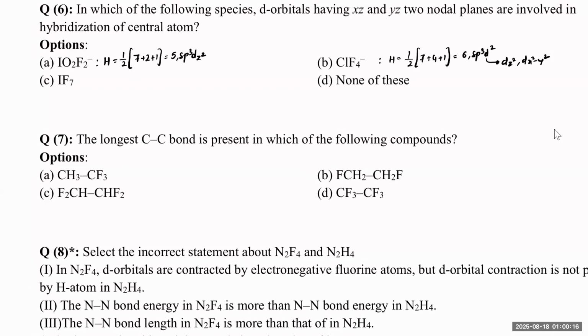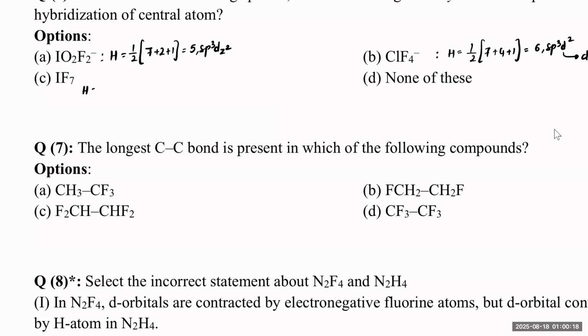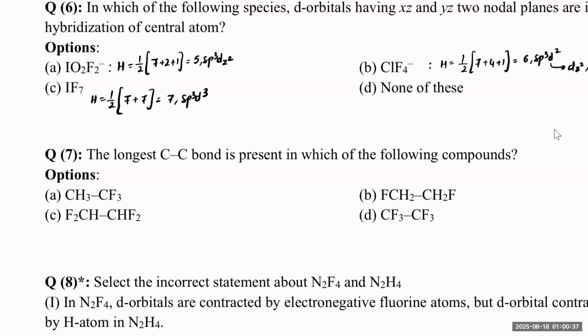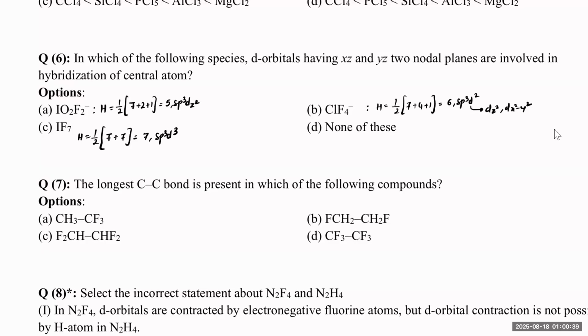In the case of IF7, 7 plus 7 makes it a total of 14 by 2, which is 7. So it is sp3d3. Okay, this is sp3d3. Clear? Right.